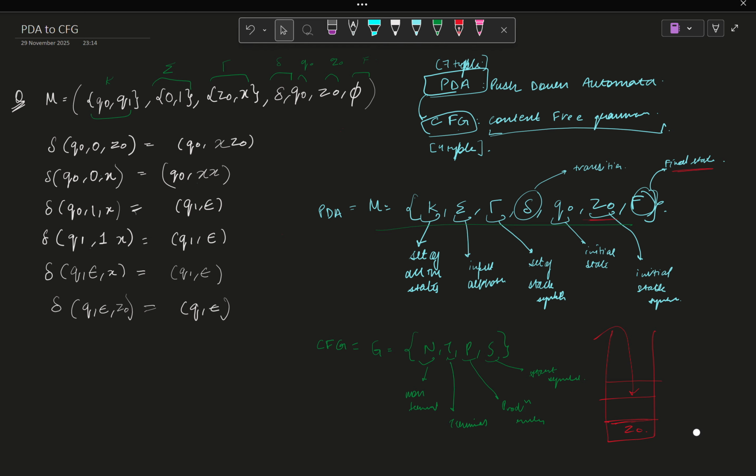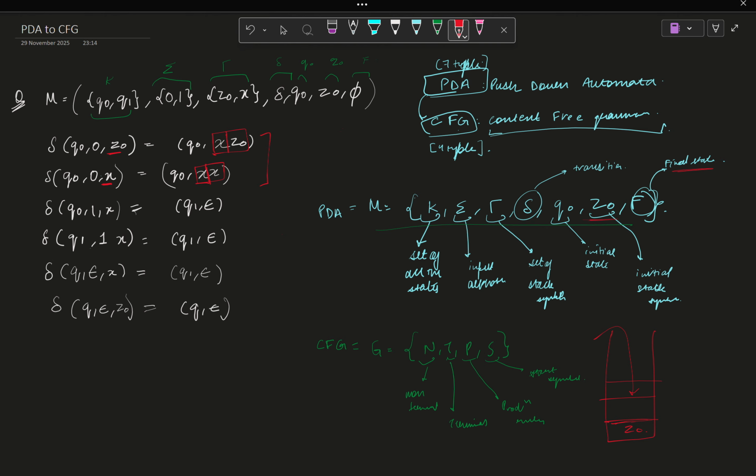So this is the PDA that we have been given here, and these are the transition functions. One thing that we can infer is that in these two transition functions, there is a Z naught plate first, and then something being added on to this Z naught, which is essentially an X. Then we also have one more transition function where X is the given base plate, and again something else is being added on to this X. So these are all addition functions.